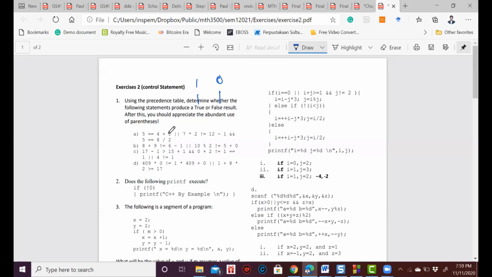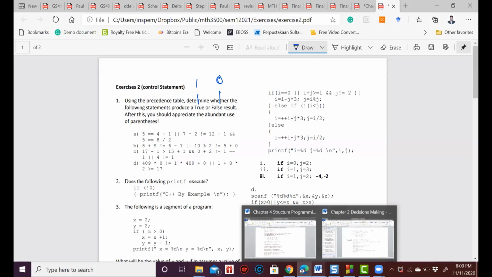Okay. Now, look here. How to open the precedence? This one is the precedence, the operator. We have discussed this in the first chapter. Which one is the first? If we can open the first chapter.